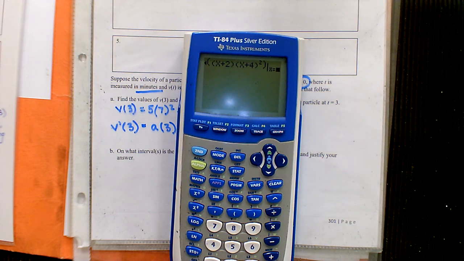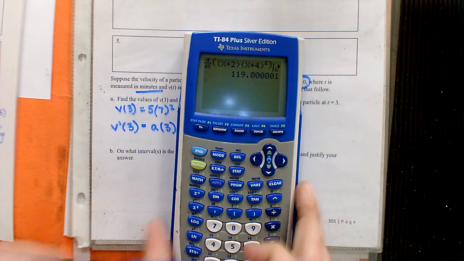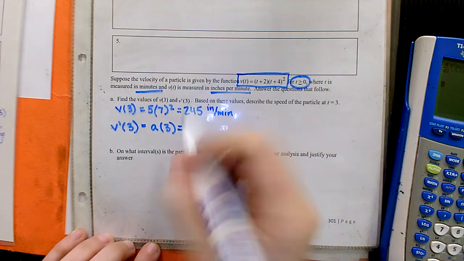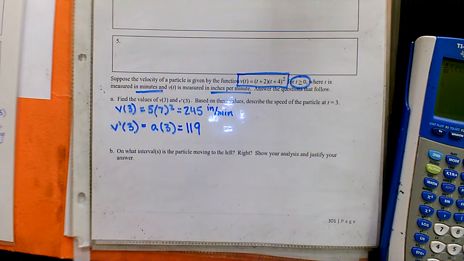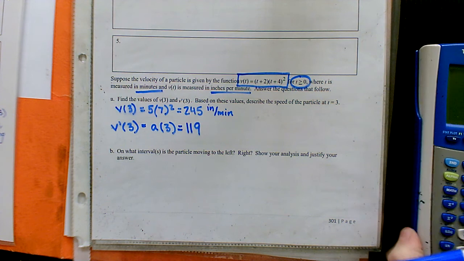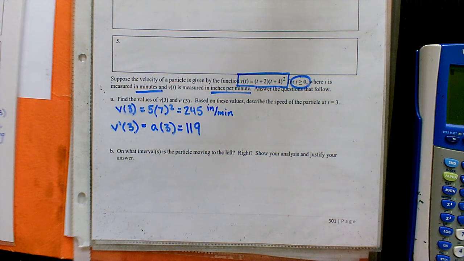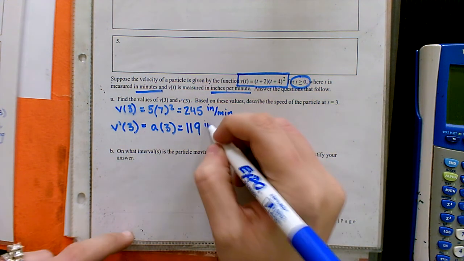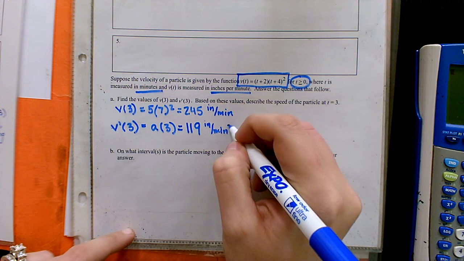And then the last box is always the value we want to plug in to the derivative. So in this case, that'd be 3. And if we round that to 4 decimal places, it'll be 119. Can we put units? This is an acceleration value, so we need acceleration units. Inches per minute squared.